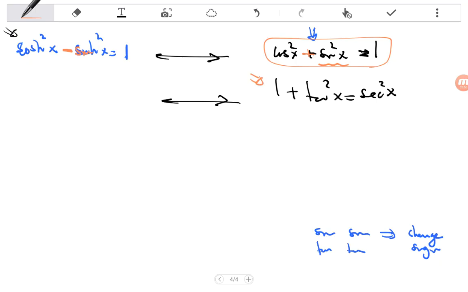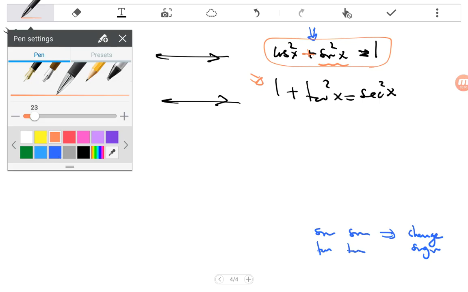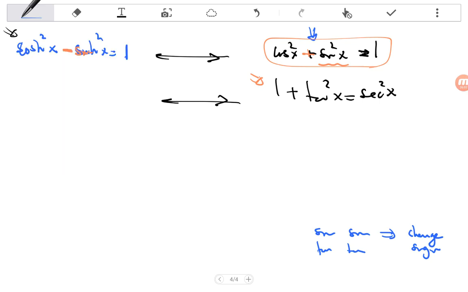So let's look at this rule. What would be the analogous rule for this one? Now, do I have two sines multiplied by each other or two tans multiplied by each other? Yes, I have that second term. That second term is just two tans multiplied by each other.